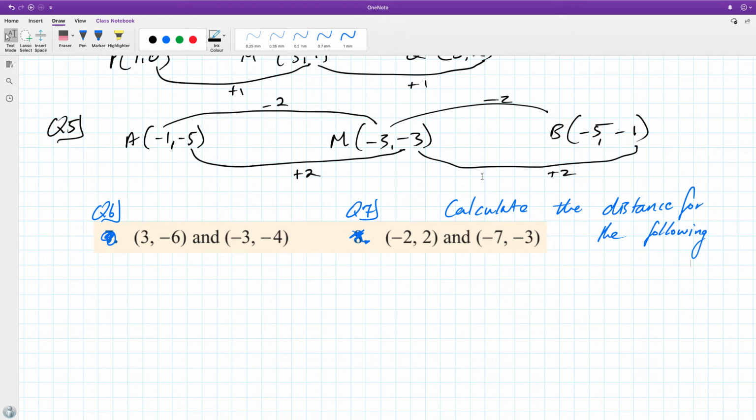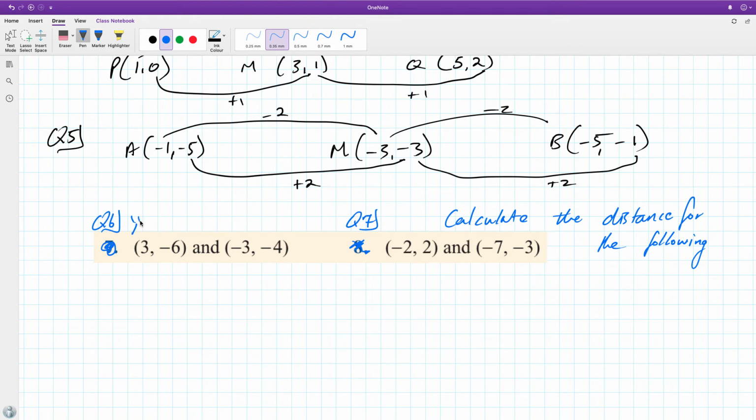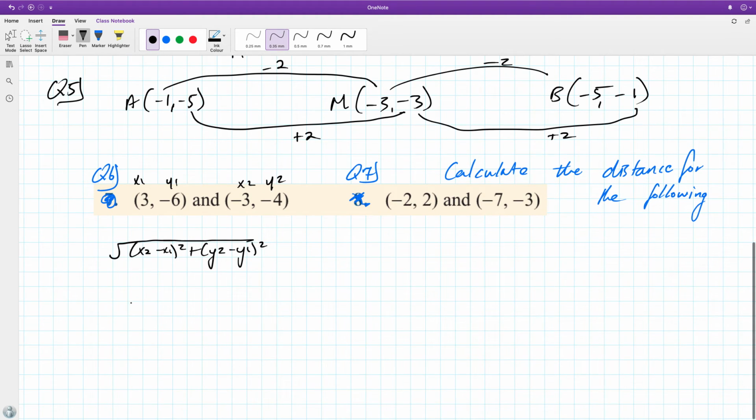So first things first, label x1, y1, x2, y2. What's my formula? y2 minus y1 to be squared. So if I'm to put that into the formula here, what are my figures going to be?